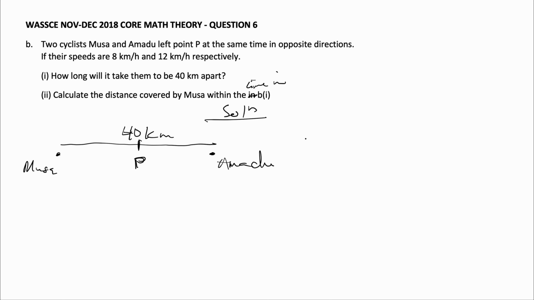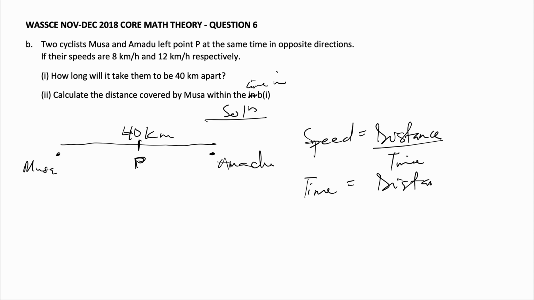Now we know that speed is equal to distance over time. And when we make time the subject, time will be equal to distance over speed.